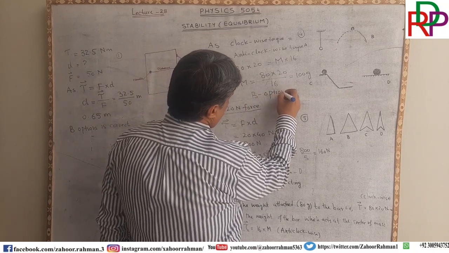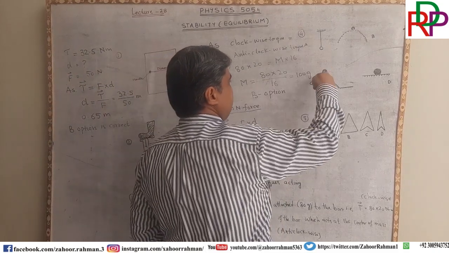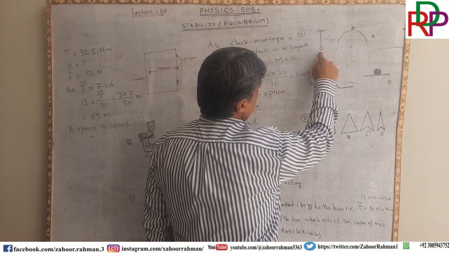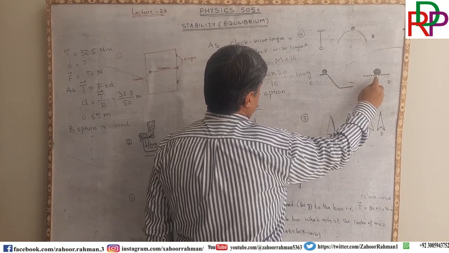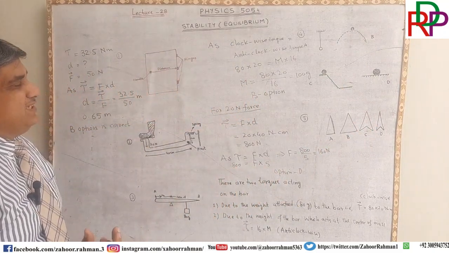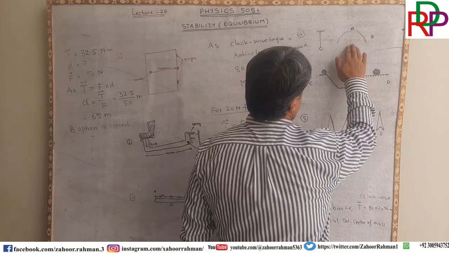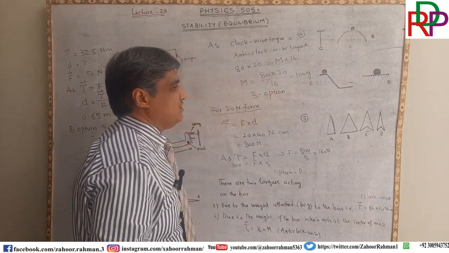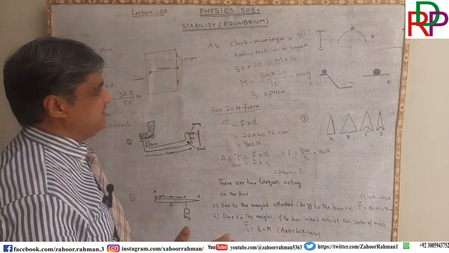Now the fourth one is given this example, and they are saying whether this will be stable equilibrium, because in these three the contact is very small, the base area, so these are not stable, but if you are pulling it, it will come back to its original position if you are tilting it after certain time.